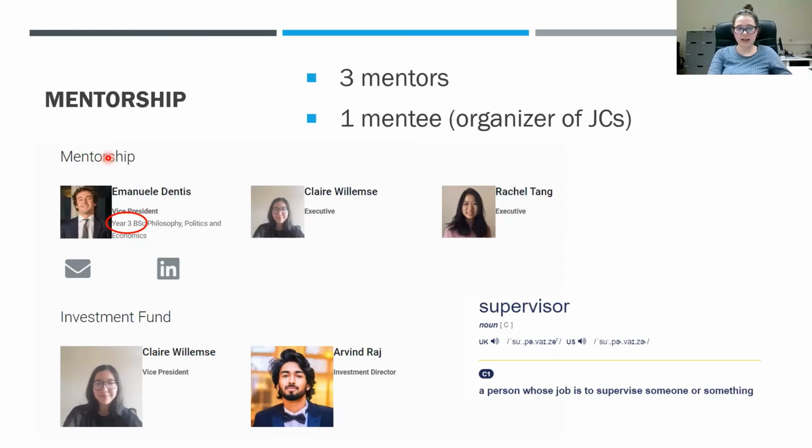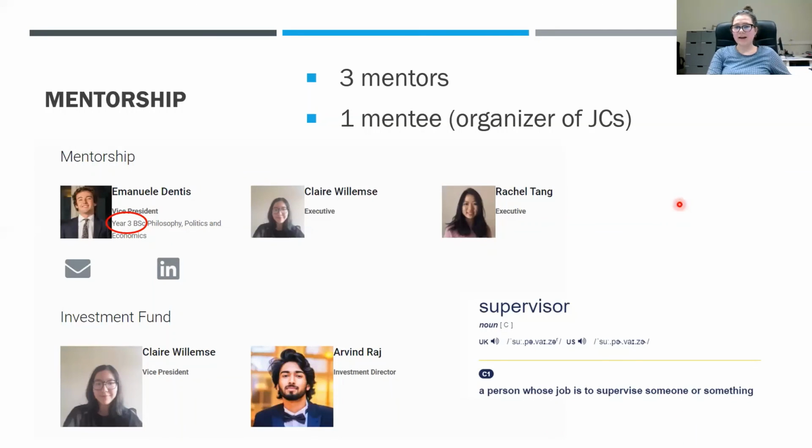After every journal club, the same people who could call themselves mentors could give that person valuable feedback, and it would be like an academic development scheme. I took this from UCL Investment Society, where we really have mentors.